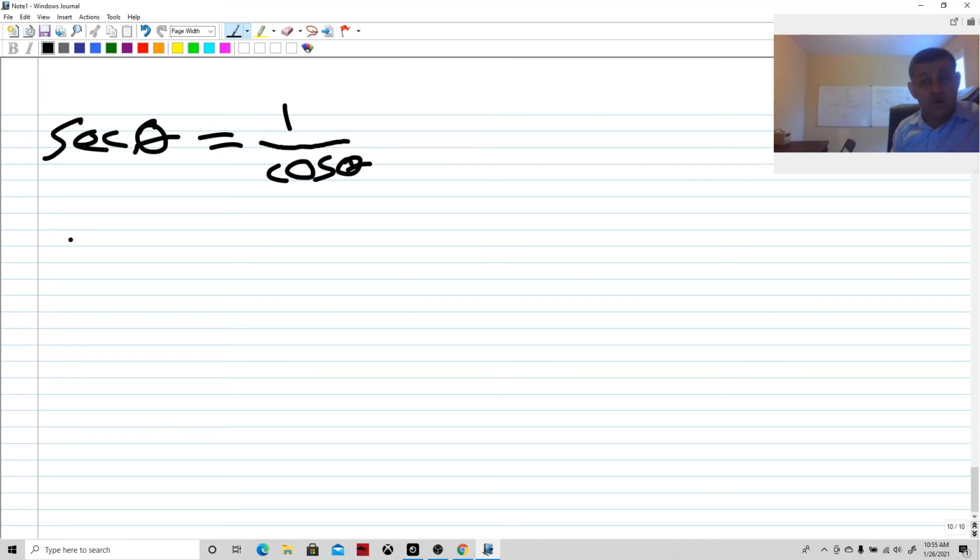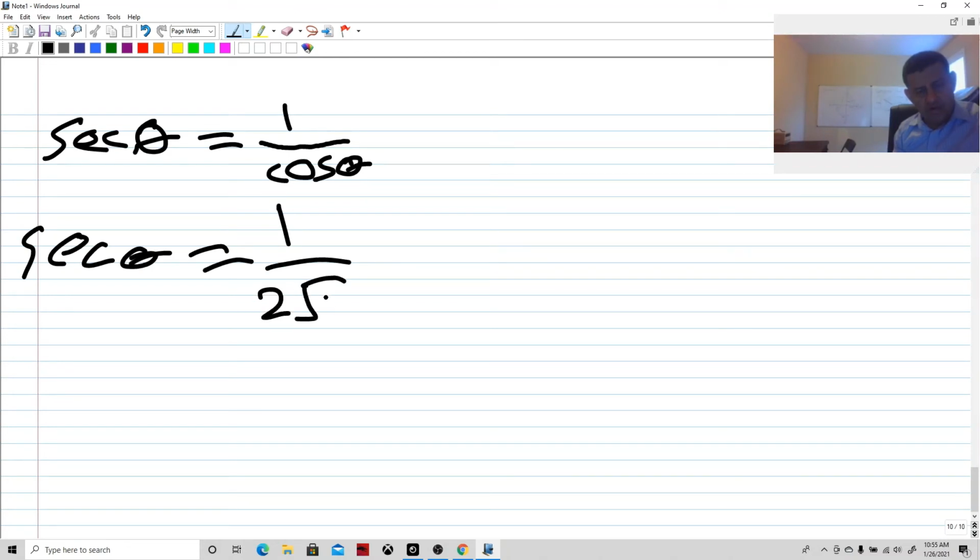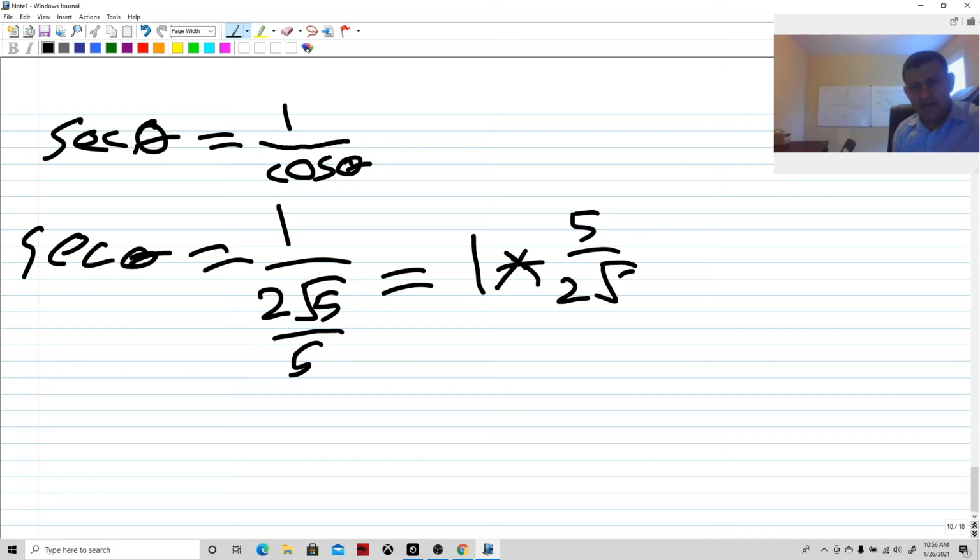So we do secant of theta is equal to 1 over 2 radical 5 over 5, which is equal to 1, flip and multiply, right? So I got 5 over 2 rad 5, right?